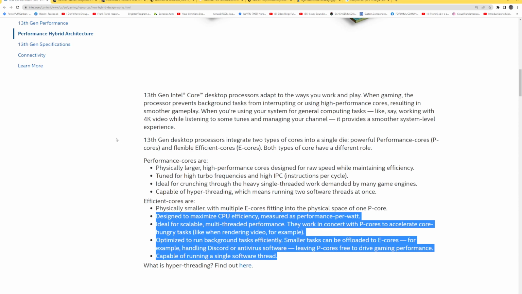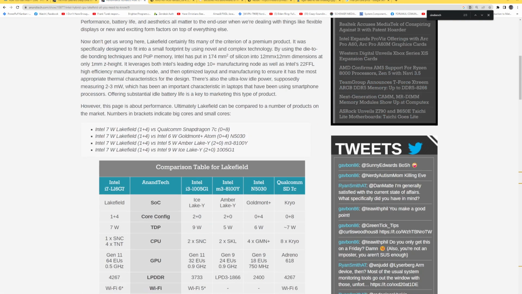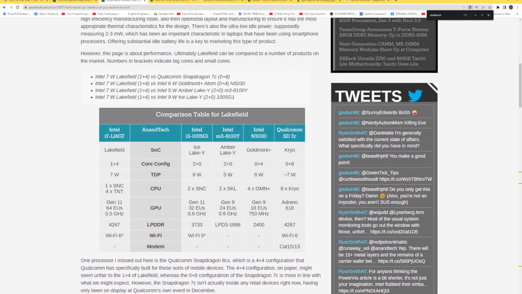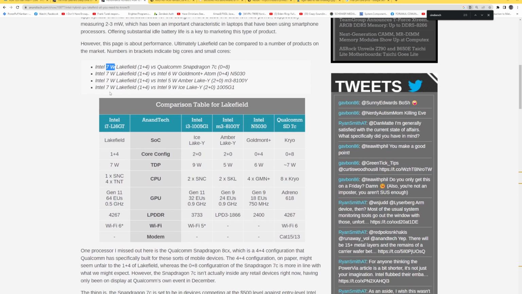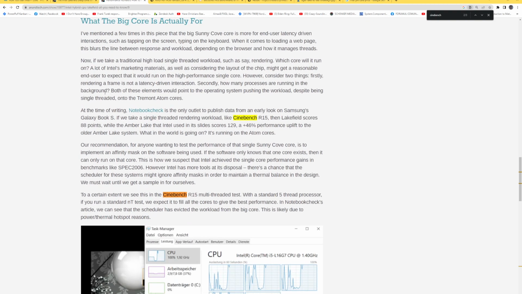For people who don't know, the E-cores are basically some revision of Atom kind of cores. And for people who want to look at the Intel numbers, Intel did this before with a 7-watt CPU, and they wanted to show how performance goes.